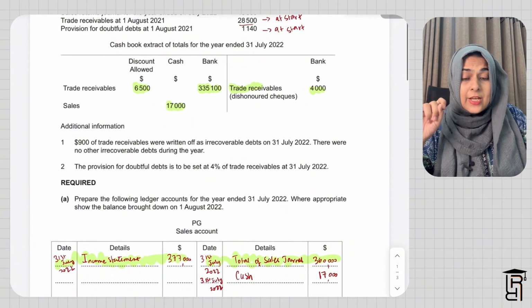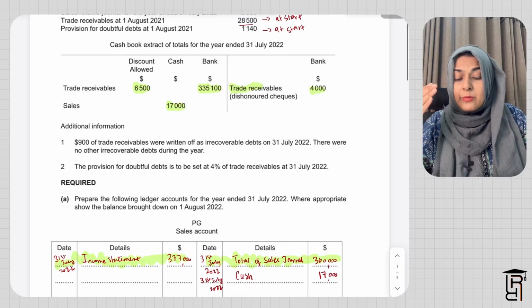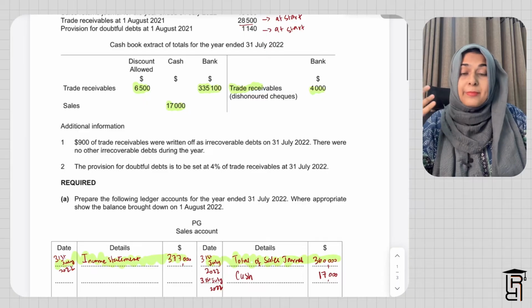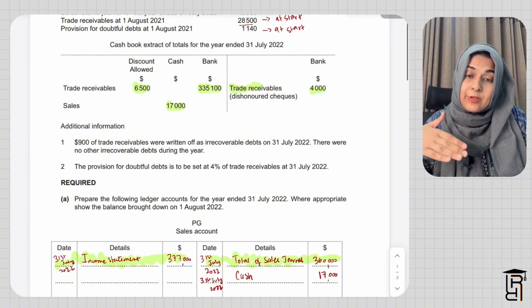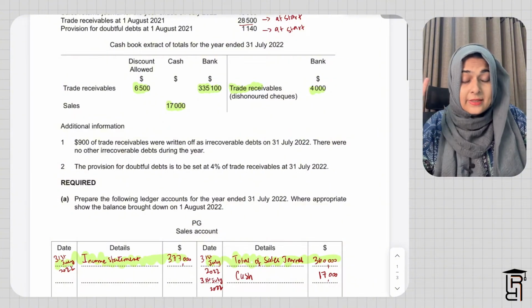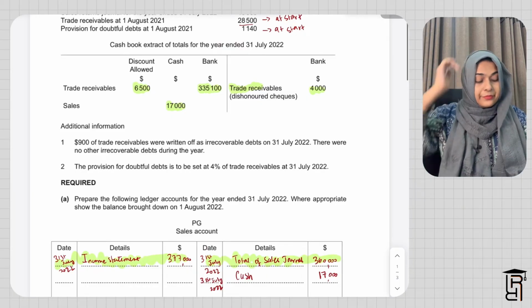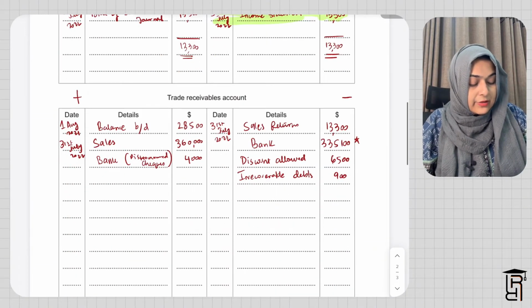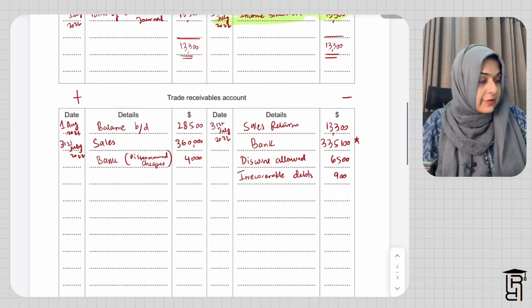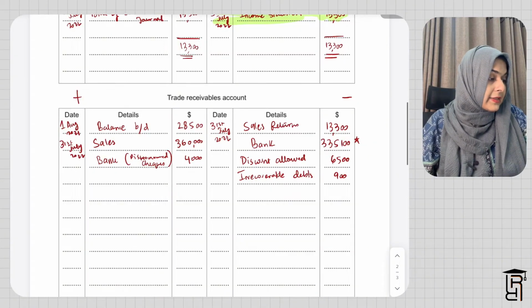You must know already that whenever your trade receivables, let's say, take your money and run away, you don't expect them to give you the money, so your trade receivables reduce because of that. The double entry for irrecoverable debts is irrecoverable debts debit, trade receivables credit. So you need to record this on the credit side of the trade receivables account.